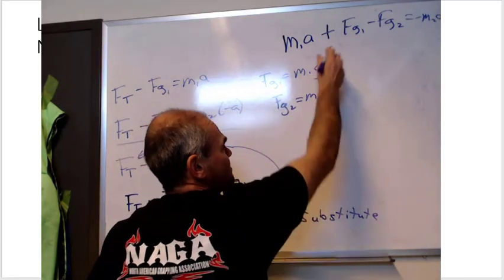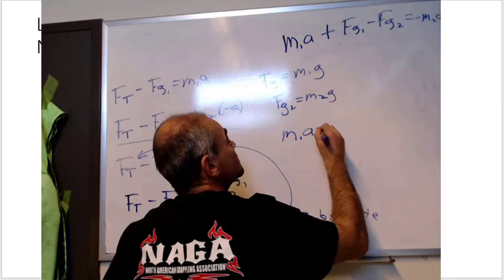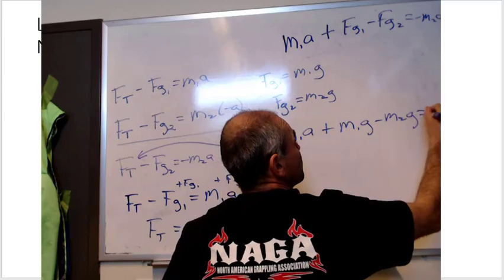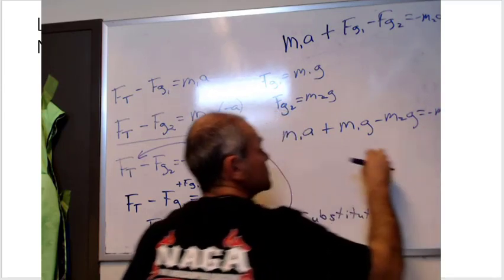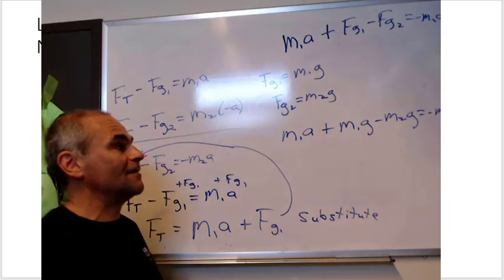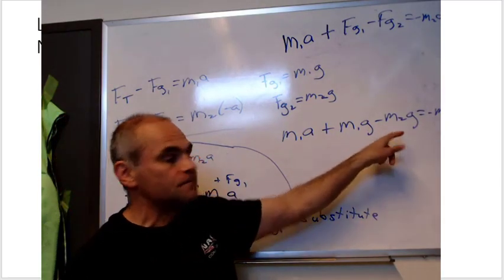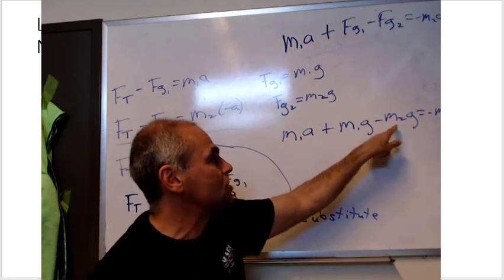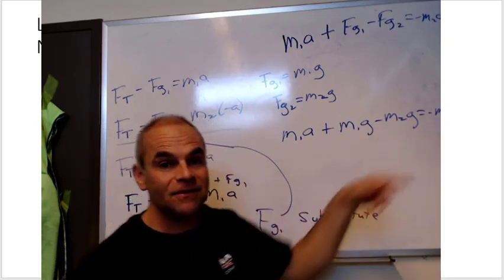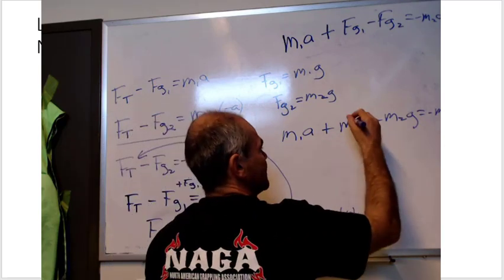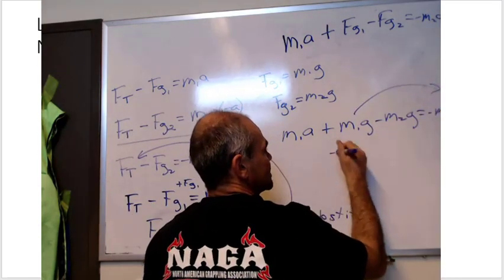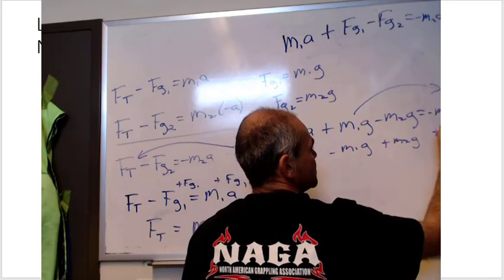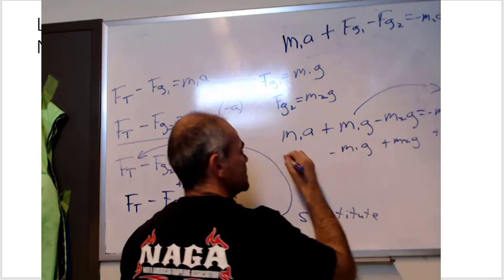So I substituted my two Fgs in, then I'm going to bring M2A over to this side, and bring both M1g and M2g to the other side. I'll subtract M1g, add M2g, and add M2A to both sides.